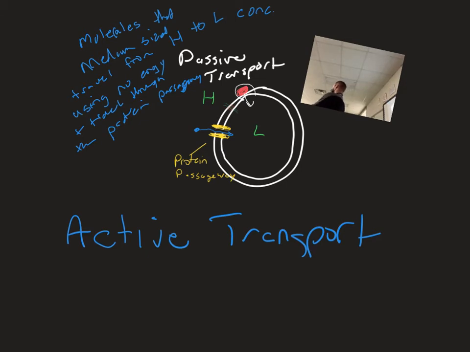Ian. Passive is other stuff forcing it to move. Oh, you mean the molecules are being forced to move. In all the other things we've talked about so far, the molecules are moving on their own, aren't they? So what you're saying, Ian, is that these molecules in active transport are being forced to move.